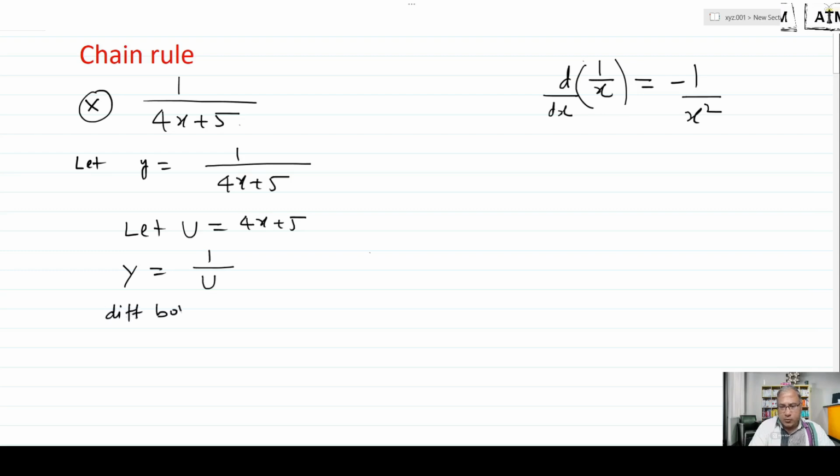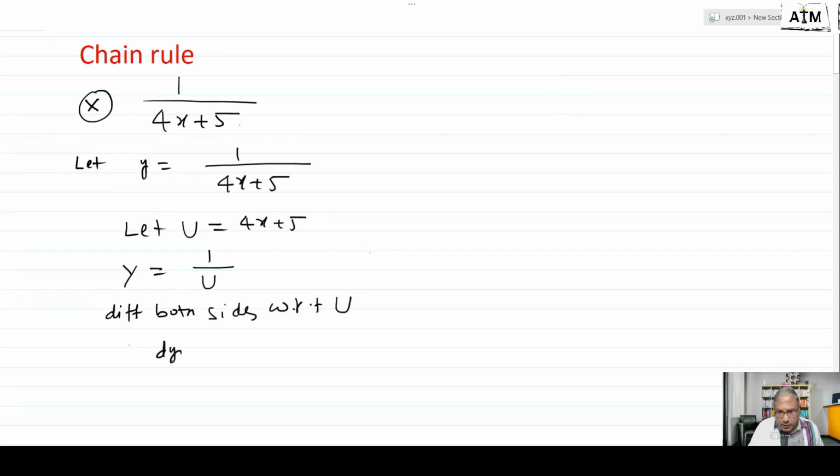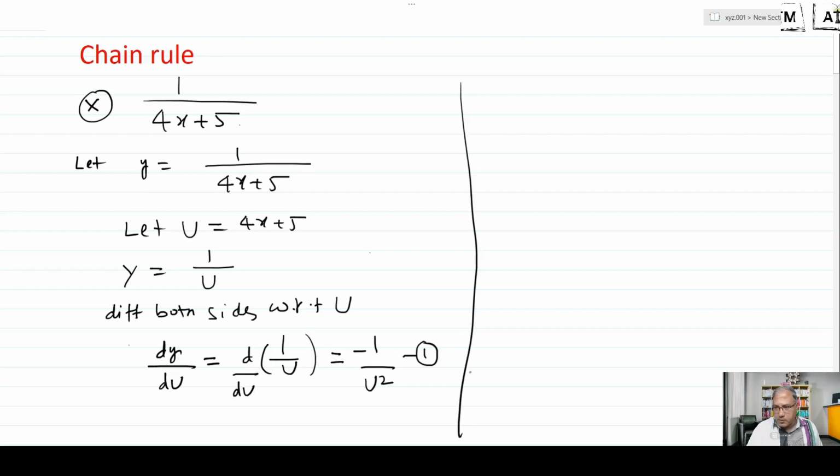Differentiating both sides with respect to u, therefore dy by du equals the differentiation of 1 upon u with respect to u. The derivative of 1 upon u is nothing but minus 1 upon u square. Let us call it equation number 1.